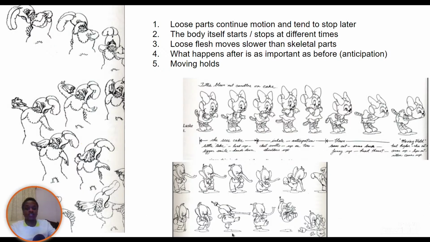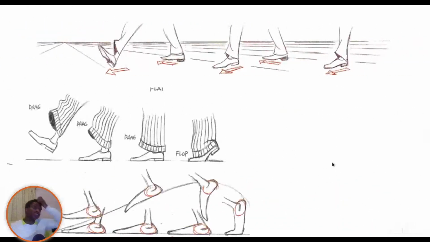Even this elephant character down here, the way the hat, the way the little flag on the hat moves, the way the clothes move, that's all the little details that they're thinking about as they're doing this stuff. It's pretty nuts. Even here's another example of overlap. When the foot moves, the way the clothes drag behind is part of understanding overlap, which is part of the pendulum as well.